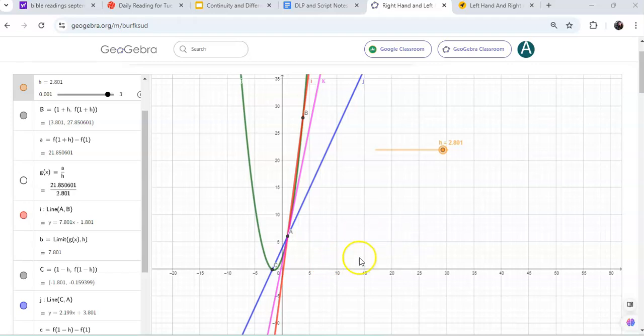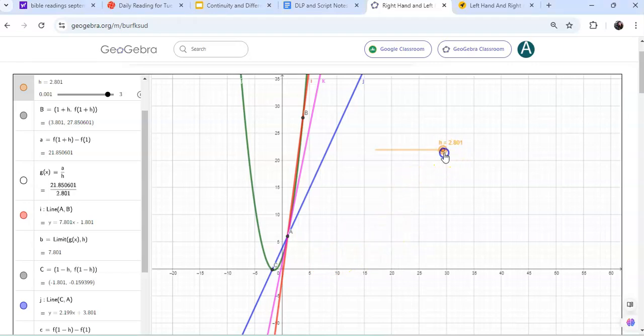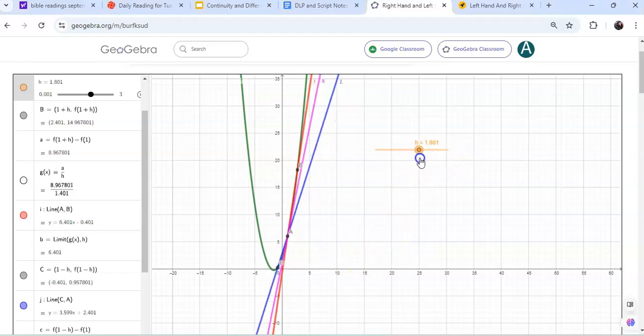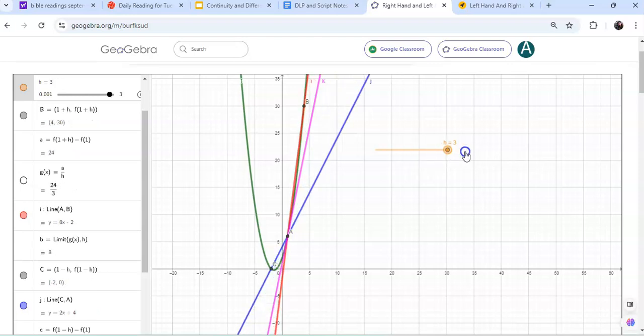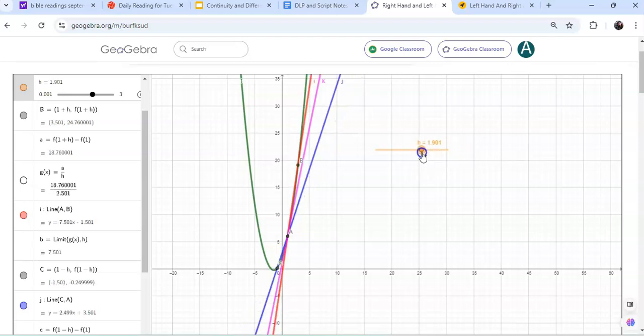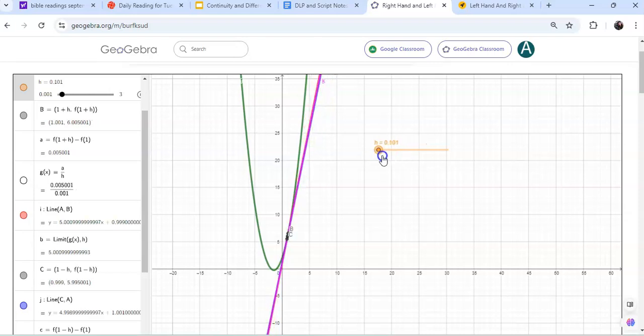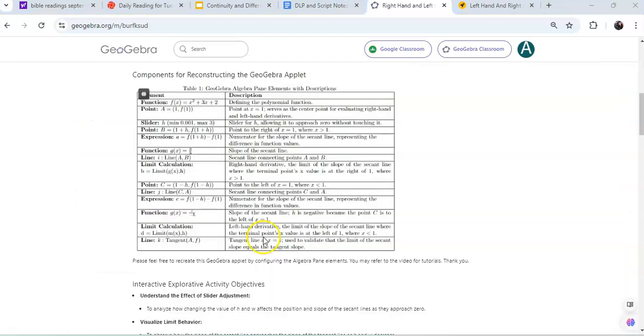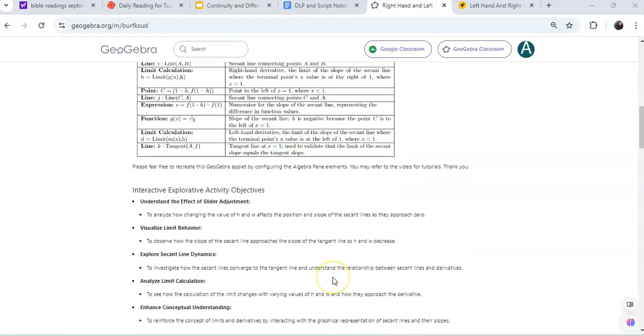In this GeoGebra applet, we have the applet itself, with secant lines approaching a tangent line. We also have a section for the components of the GeoGebra applet to be reconstructed. And of course, we have the interactive, explorative activity objectives.